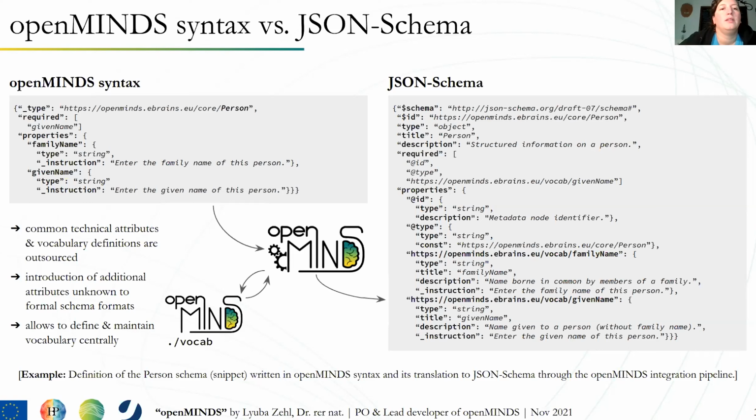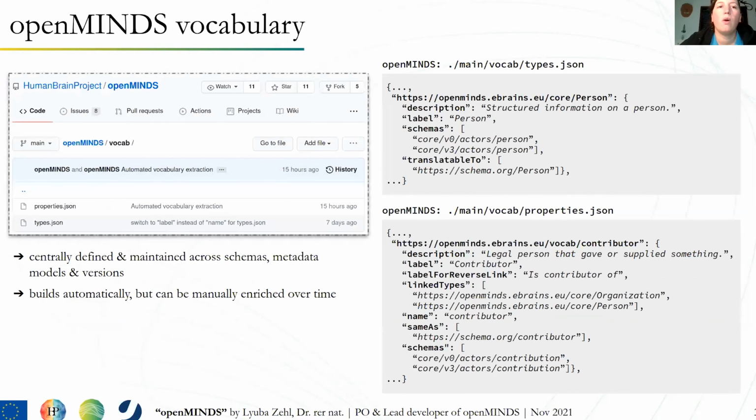We can also define and maintain the overall used vocabulary centrally instead of having to do this in the distributed submodules. In order to easily maintain the openMINDS vocabulary, it is automatically built with each commit to one of the integrated metadata models, and can then be manually enriched over time with additional information such as general descriptions and human-readable labels.